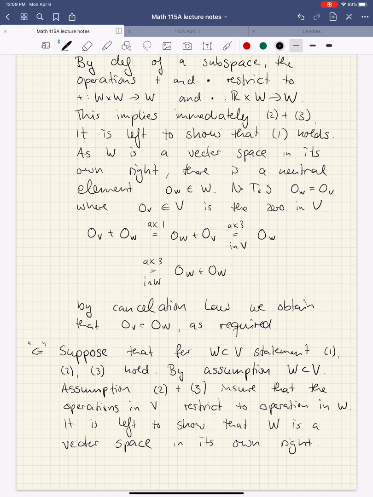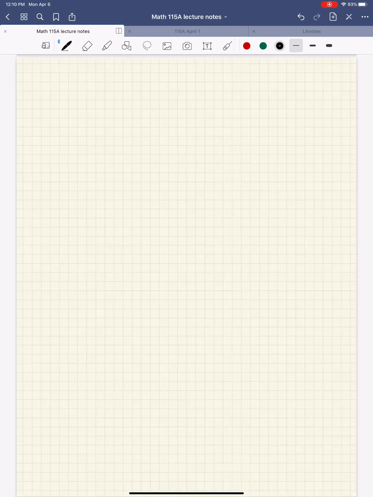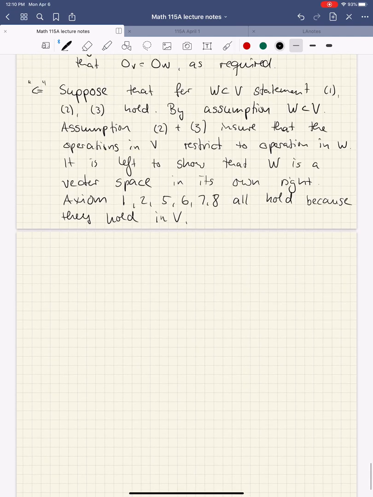So we have to go through the list of axioms. Some of them are due to the fact that you inherit them from the big vector space. Axioms 1, 2, 5, 6, 7, and 8 all hold because they hold in V. What do I mean by that?